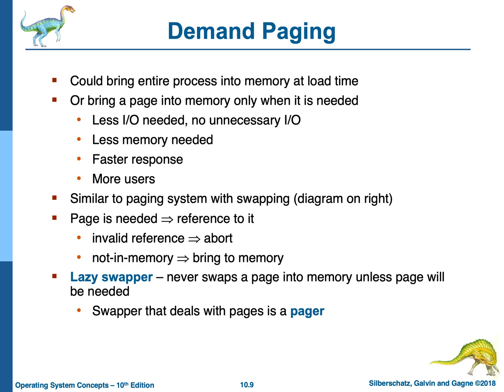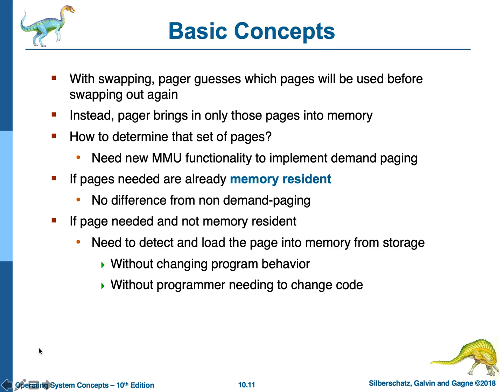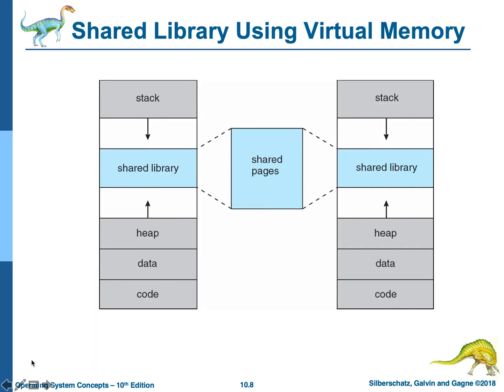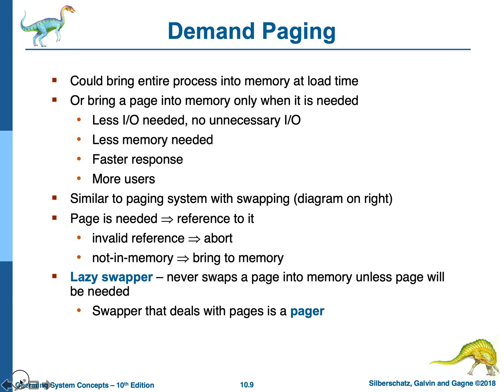If this is a memory and this is a process, it might have several pages, and let's say these two pages are necessary for execution. Then only these two pages will be loaded, in either a contiguous or non-contiguous manner.